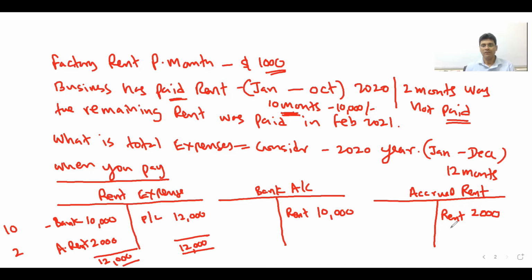So this accrued rent of 2 months, which was not paid, has to be accounted in the 2020 financial year as an expense. We have to debit the rent expenses and credit the accrued rent account. Okay, so this is the meaning of accrual accounting, the accrual concept.